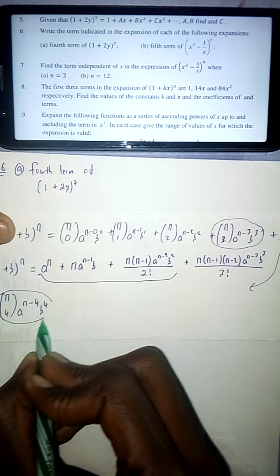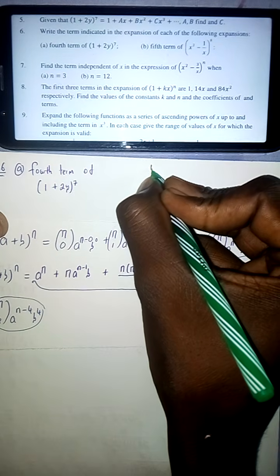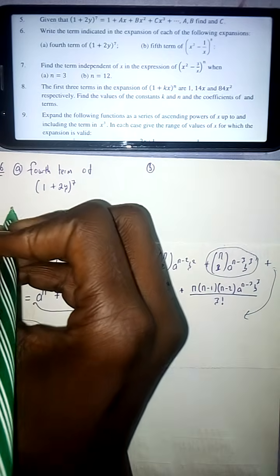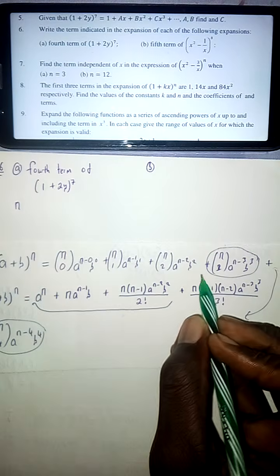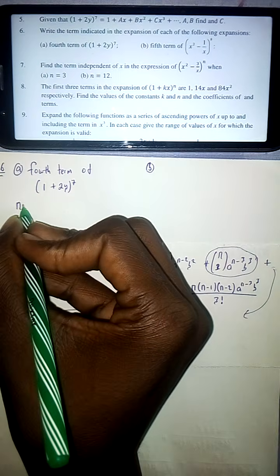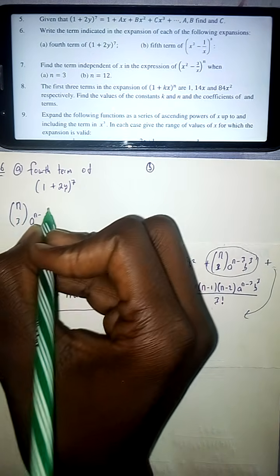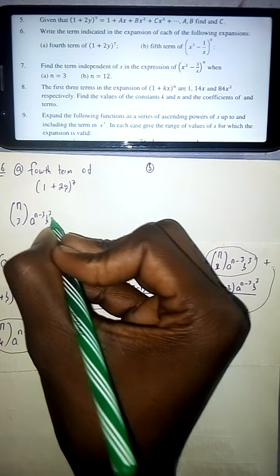So this is for the fifth term. For our fourth term, this is what we are going to use: n choose 3, a to the power n minus 3, and b to the power 3.